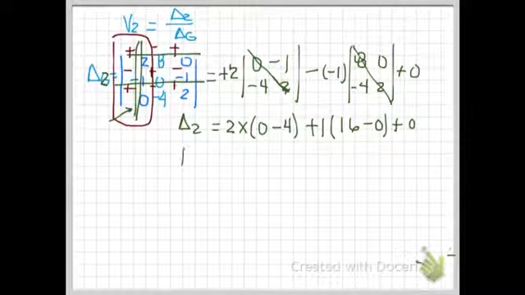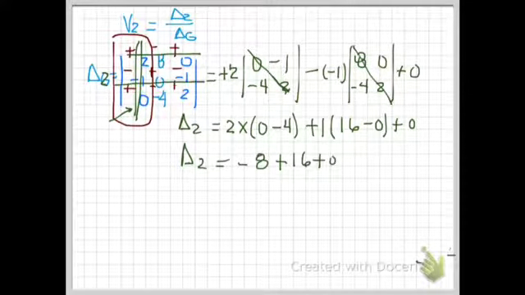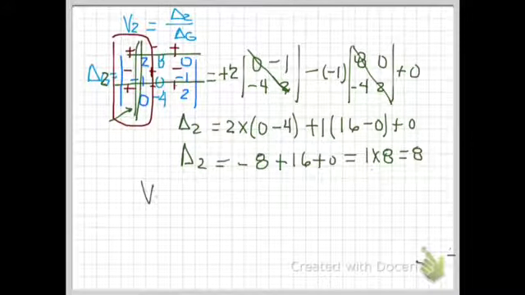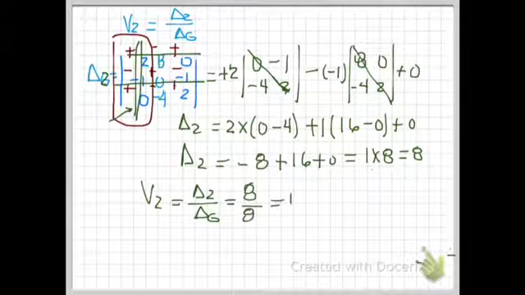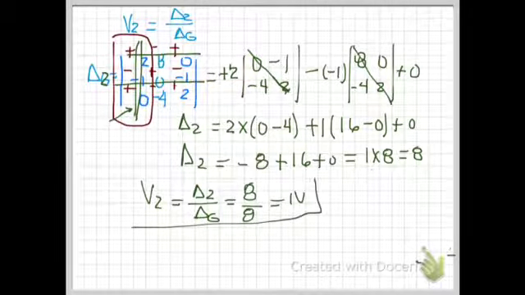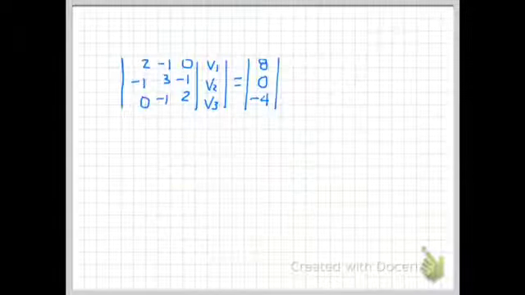So delta 2 is equal to minus 8, 2 times minus 4 is minus 8, plus 16 plus 0, and this is going to be equal to 8, right? 1 times 8. So delta 2 is equal to 8, so v sub 2 is equal to delta 2 over delta g, and that's going to be equal to 8 divided by 8, 1 volt. So for v sub 2, we know that the voltage is going to be 1 volt.